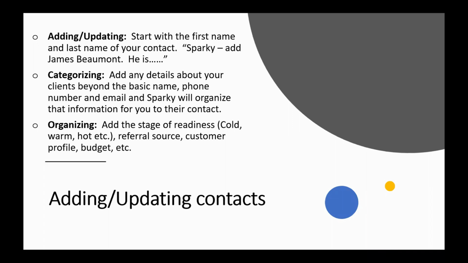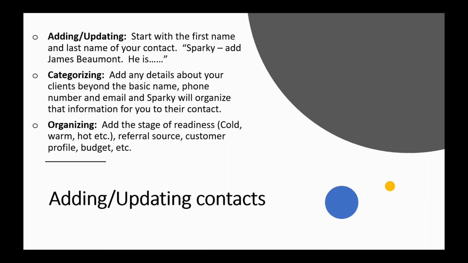As far as updating and categorizing contacts all together or individually, the other thing is storing and organizing that information in the CRM. You can tag certain leads by relationship status, like I already gave the example for, or by referral source.